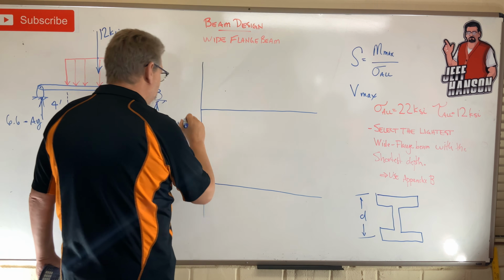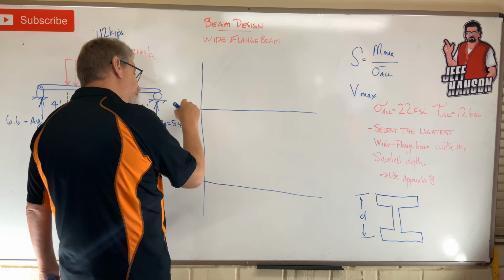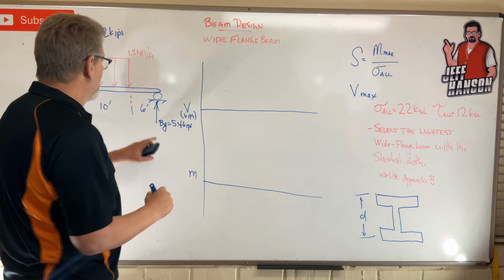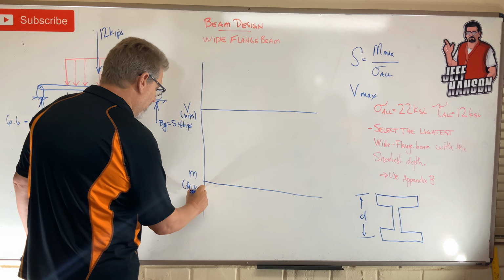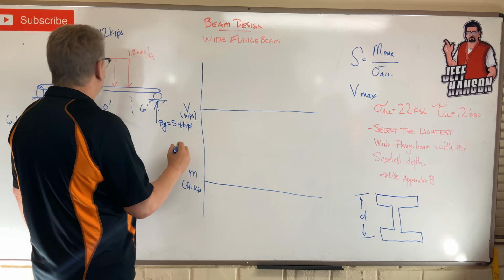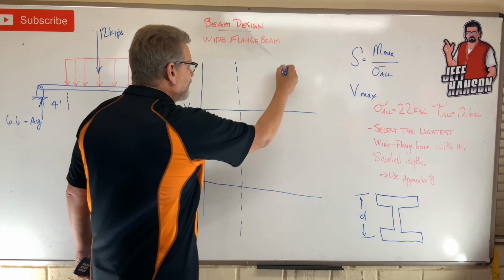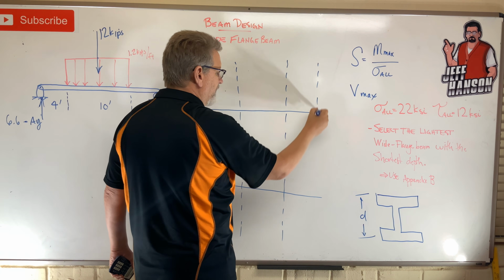Here's the V diagram, and here's the M diagram. This one's going to be in shear force, kips, and this one's going to be in foot kips, moment down here, okay? And what do we got? We got this. It's where distributed load starts, and it goes to there. And then here's the end of the beam over there, okay?